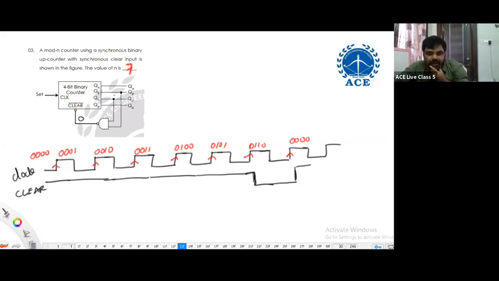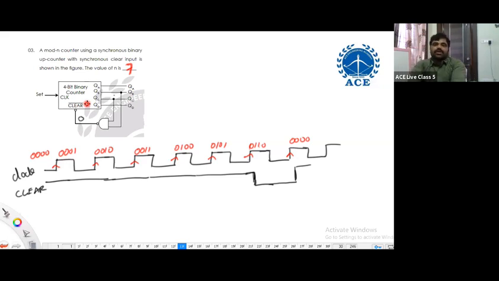Yes, in the same counter, instead of synchronous clear, it could be asynchronous clear. So don't think that in synchronous counter it must be synchronous clear inputs. Asynchronous counter must be having asynchronous clear input? No, I did not say that. In this same counter, if all the flip-flops are having asynchronous clear inputs, then it would have been again mod 6, same as asynchronous.